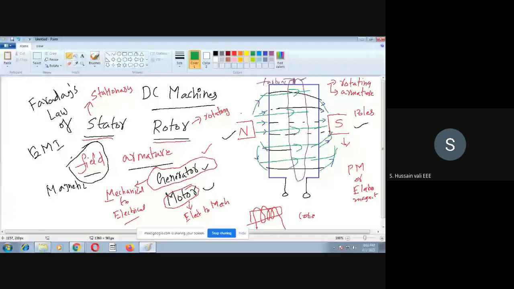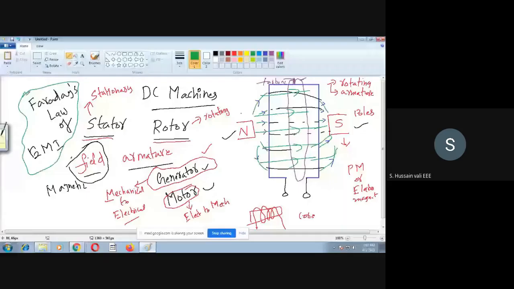When they are cutting the flux lines, Faraday's law will come into force. Now what does Faraday's law say? Faraday's law says that whenever there is a change in flux linkages to a conductor, EMF will be induced in the conductor.